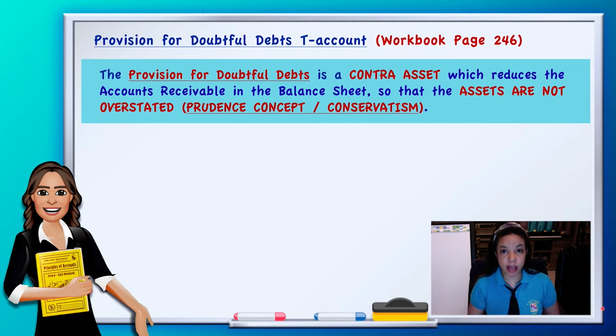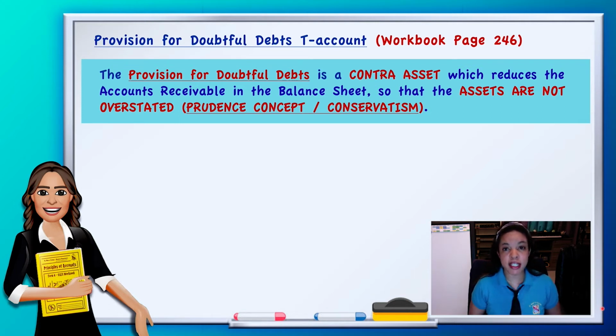Now we're also going to emphasize that a provision is created and has to go into the balance sheet to reduce the amount of the receivables so that we do not overstate our receivables. People know fully that there are certain debtors or receivables that may not in the future be able to repay the amount that they owe us.